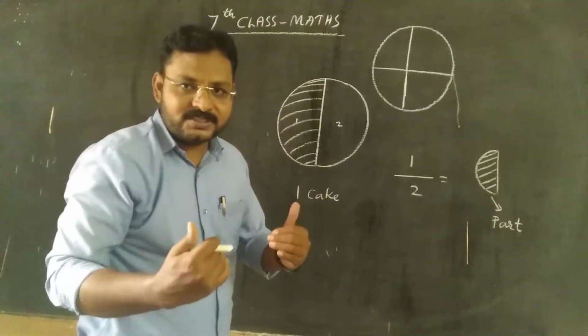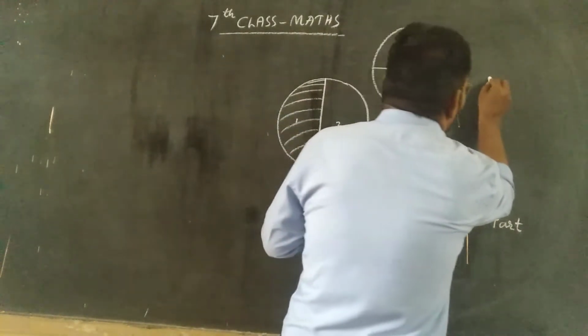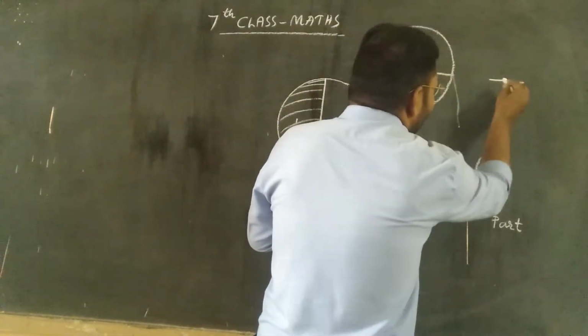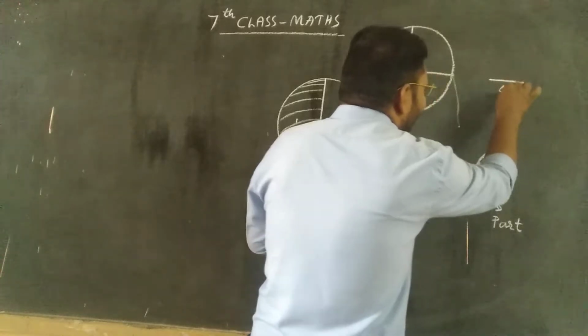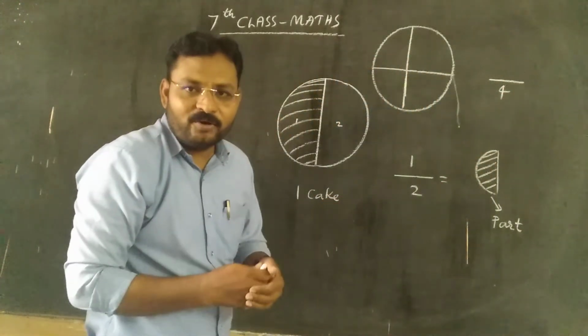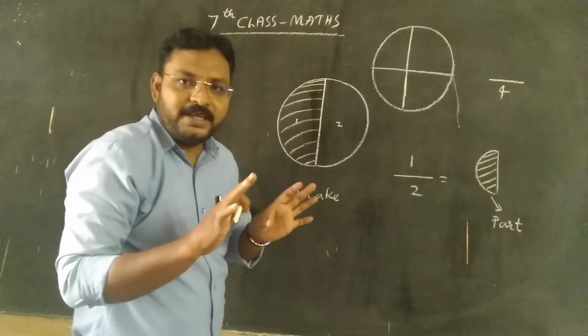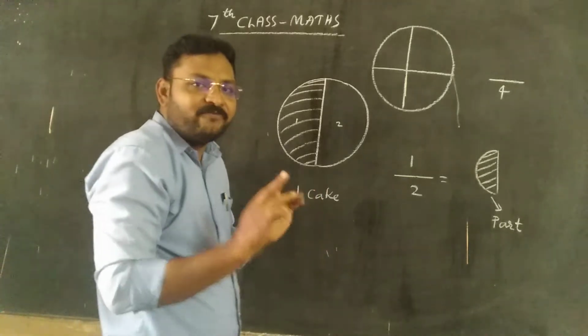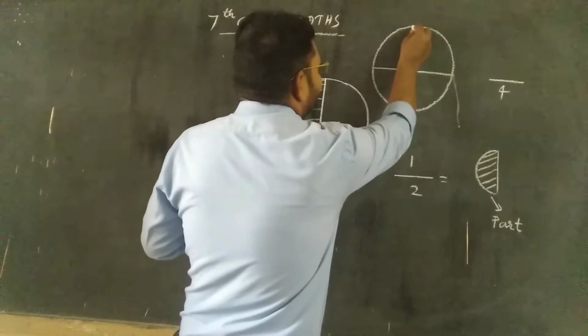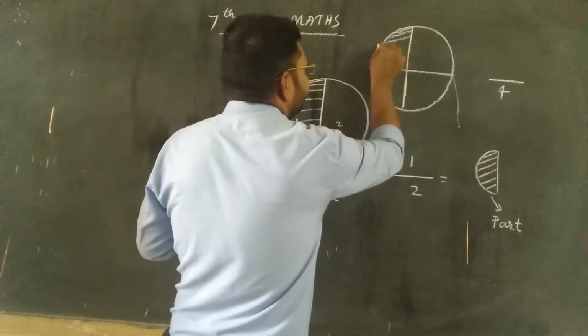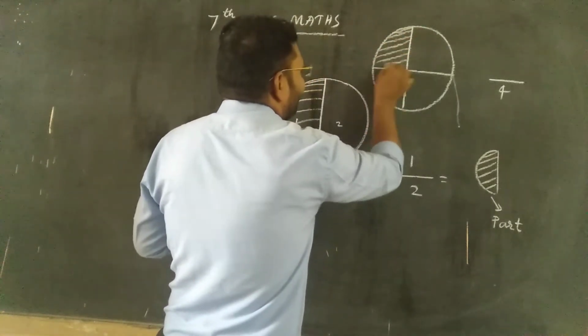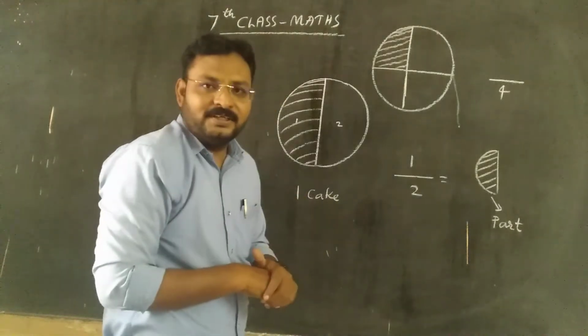First you draw a cross line and below the cross line you write 4. 4 is called the total number of parts. If we need to shade one region, for example, one region I shaded here.